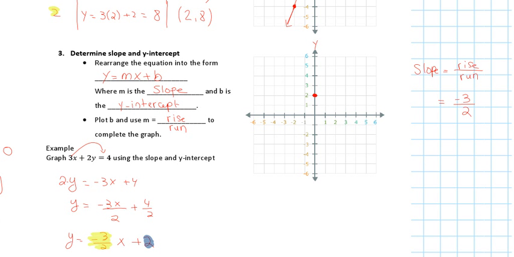So for this one I go down 3 from the y-intercept. That's why I put the y-intercept first. Down 3 because it's negative, and then you always move to the right 2.